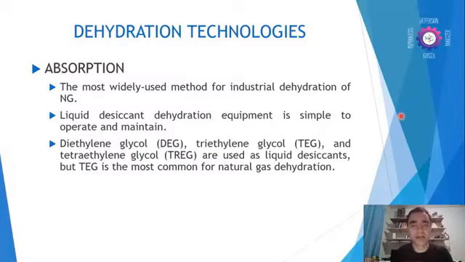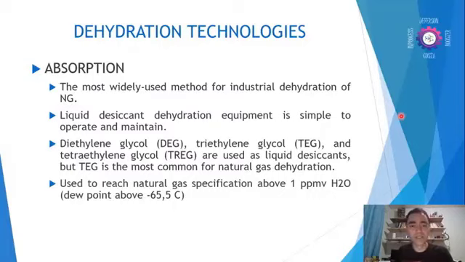It has a higher boiling point, and because of that we can regenerate the TEG better, and the selectivity of the TEG is better than the DEG and the other one. So it's very common to use TEG instead of the other glycols.